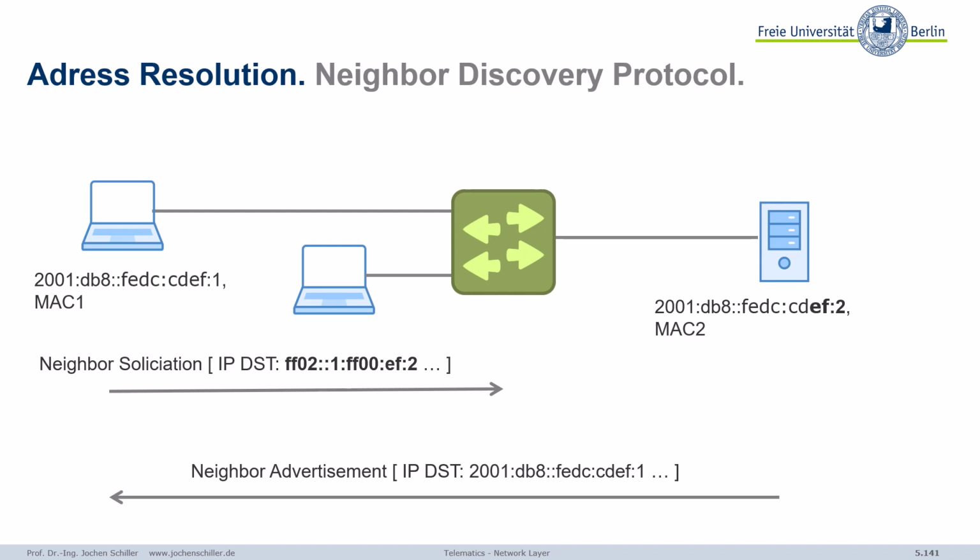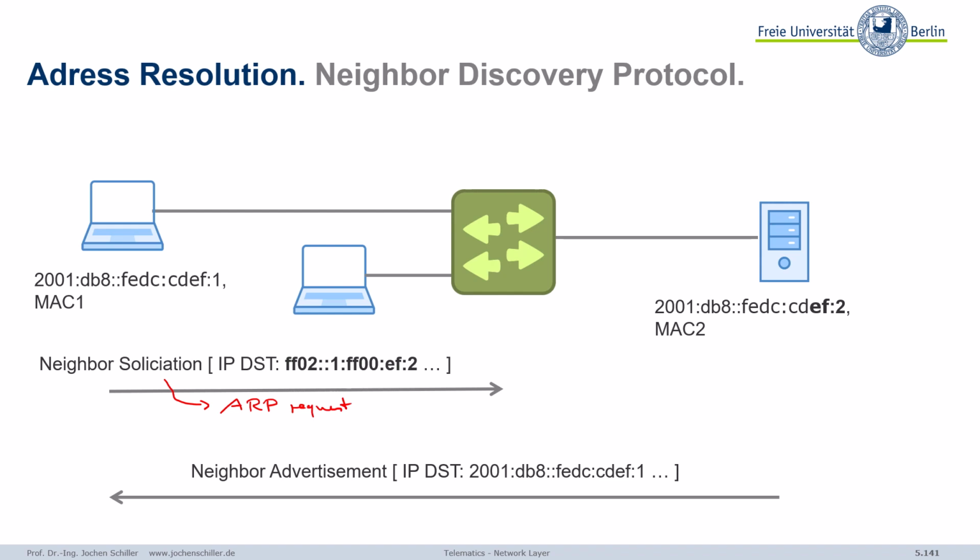Basically neighbor solicitation, this is now the name for what we called before our ARP request. So I've got an IP address and I want to know the MAC address.